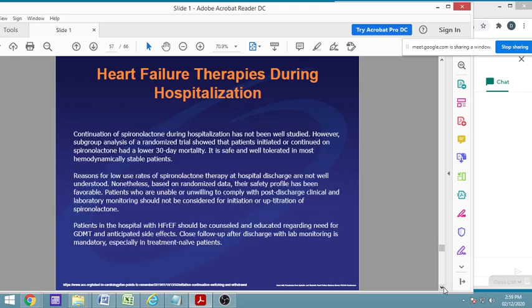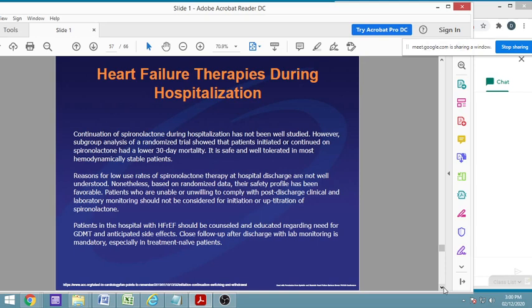Continuation of spironolactone during hospitalization has not been well studied, but people believe it is beneficial, safe, and well tolerated in most patients, and therefore its use should be increased. Why it is used less has to be thought about, and plans should be made for more such results.